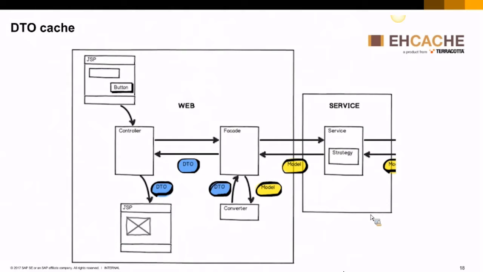I already mentioned DTO caching earlier. So again, this is a package that has been created by expert services, and you can get access to it if you have expert services participating in your project. That is a package to be able to cache the DTO.